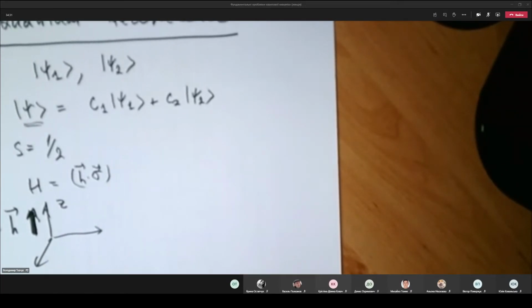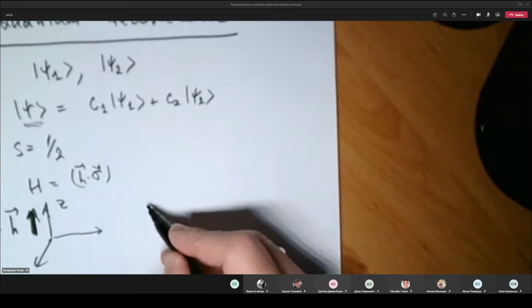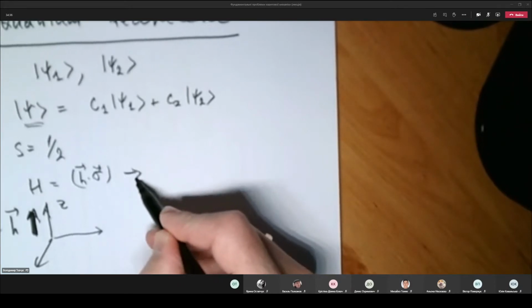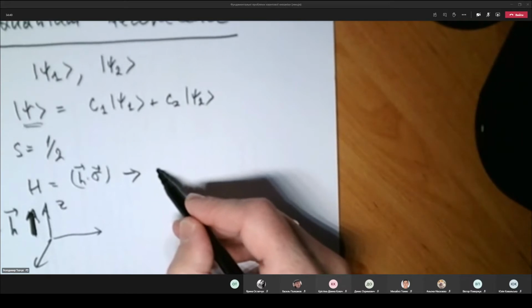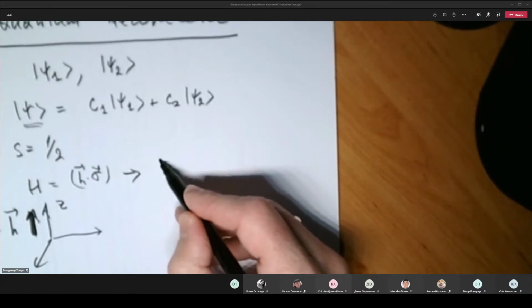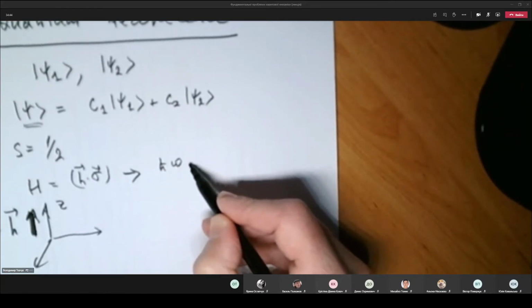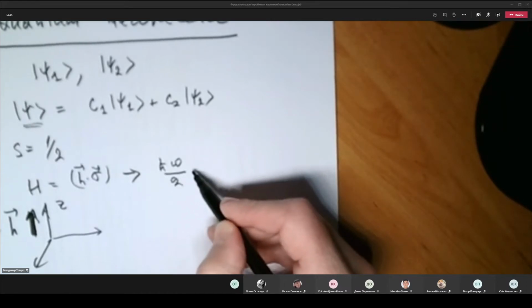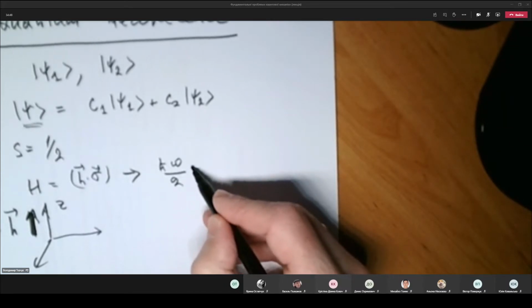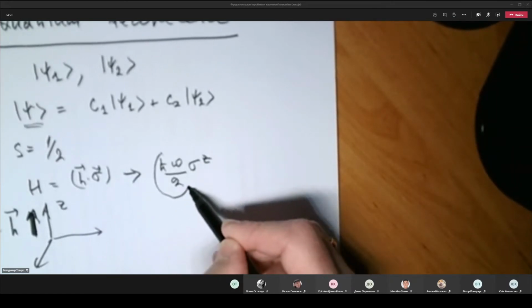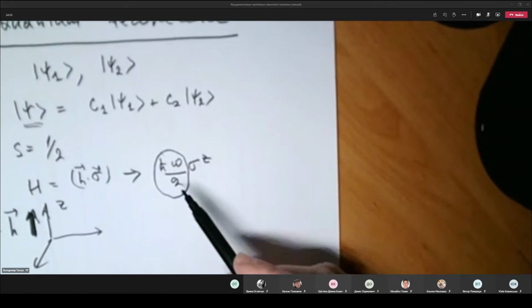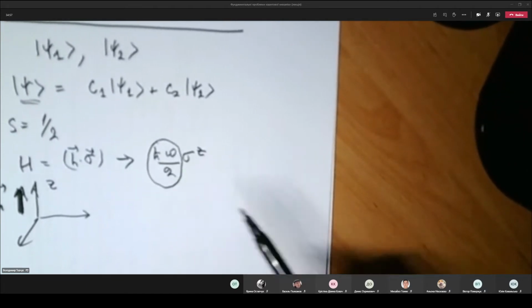Then let us write the Hamiltonian in such a form. The magnetic field I write as some H omega divided by 2 multiplied by sigma z. So it is just the magnetic field which we represent in such form.